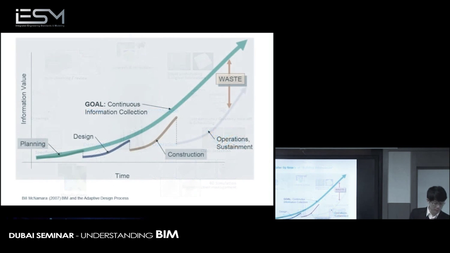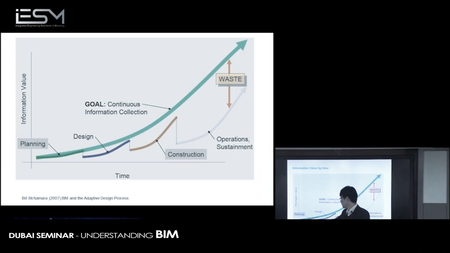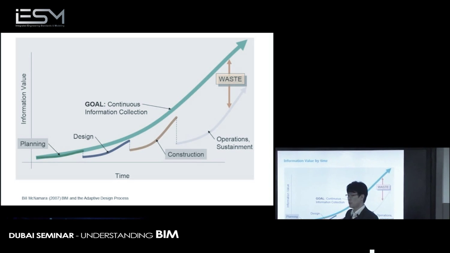Okay. So in terms of information accumulated according to the time, in the planning stage, there is no design information, but we have specifications, requirements, some numbers for area and so on.